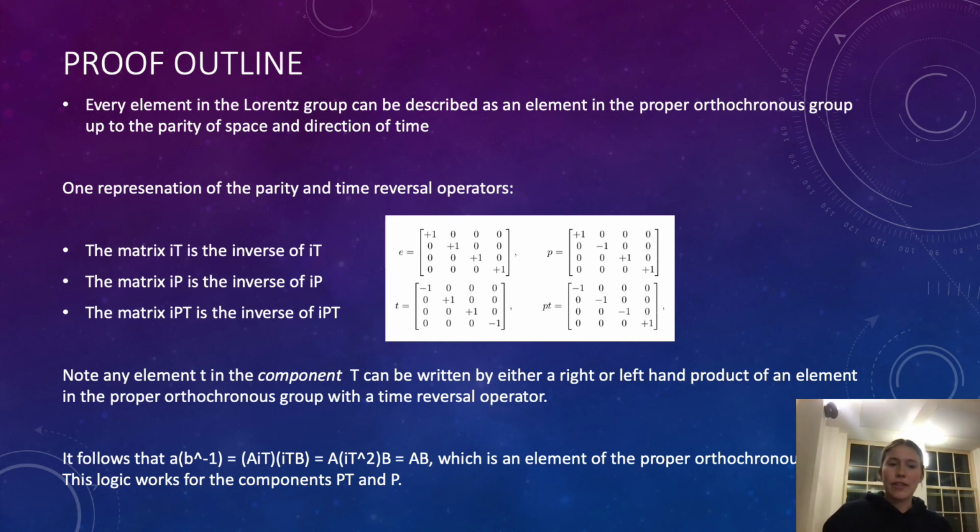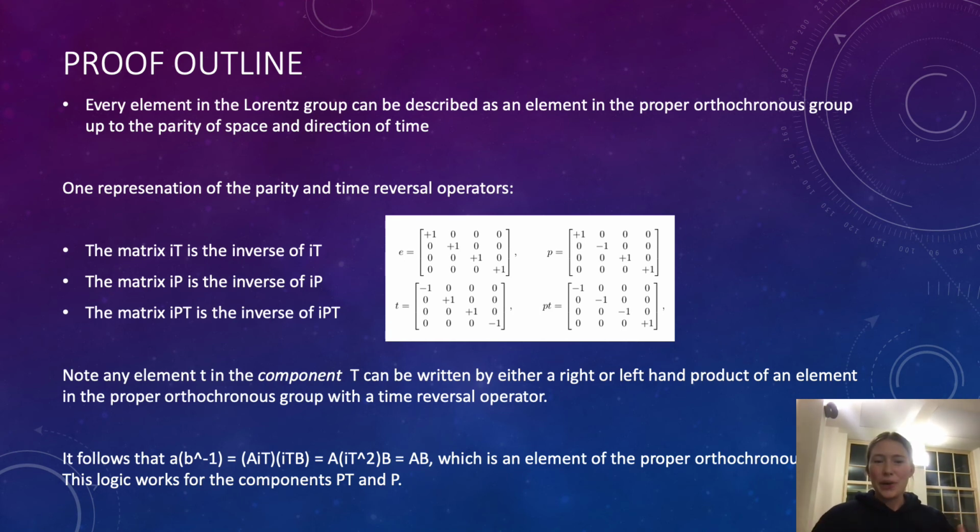So then we have that A times this time reversal identity times, again, the time reversal identity times B, where A and B are the components of the proper orthochronous group that when multiplied with this time reversal identity are our original A and B inverse.